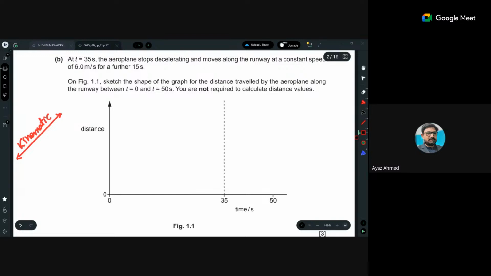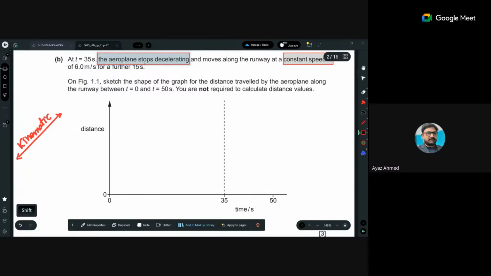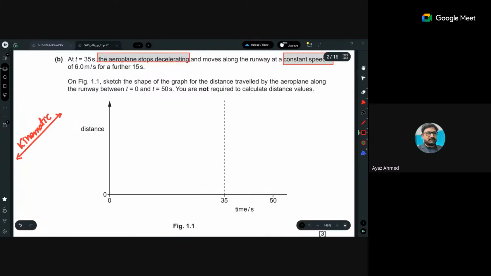Very important information: it stops decelerating and moves along the runway at constant speed, right? At 6 meters per second for the next 15 seconds. This is again really important information, and with the help of that information, you will be asked some further calculations or a further graph.